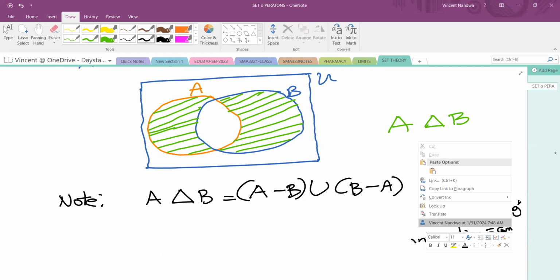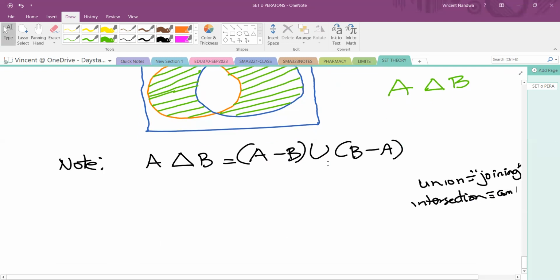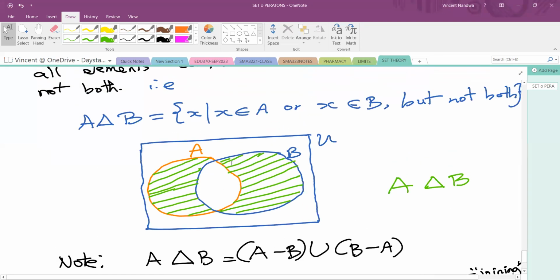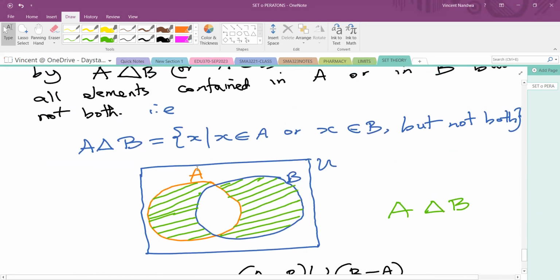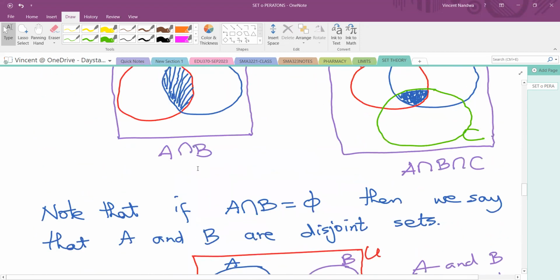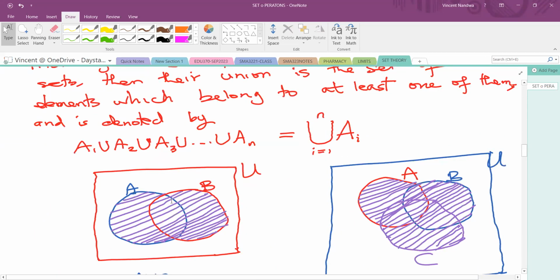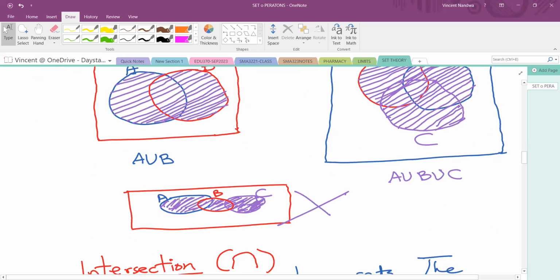So when you join A minus B to B minus A, you get this set, the symmetric difference of A and B. And if you check the shadings for A union B and A intersect B, all these shadings are for A union B. If you remove the middle part, then you get the symmetric difference of A and B. And the middle part is what we call A intersect B.